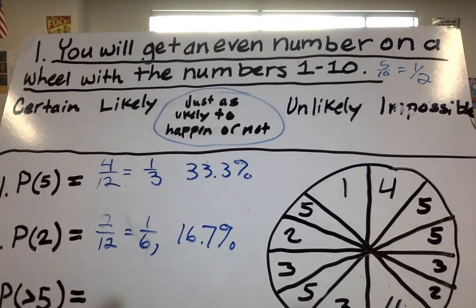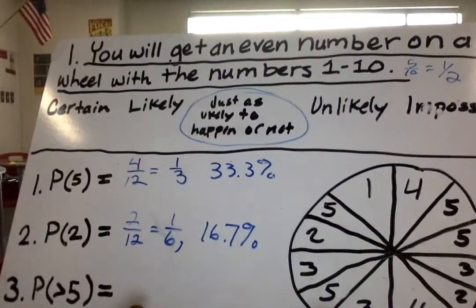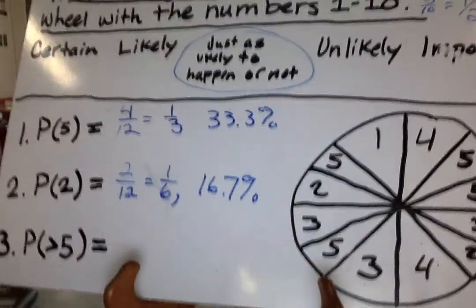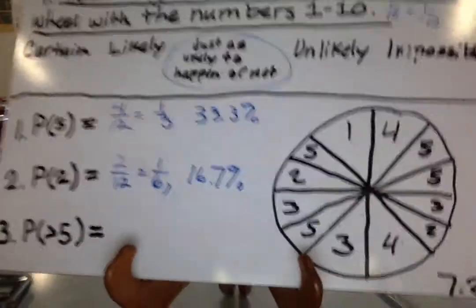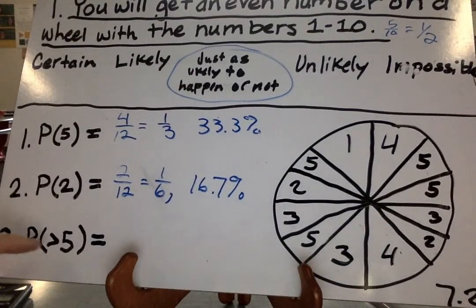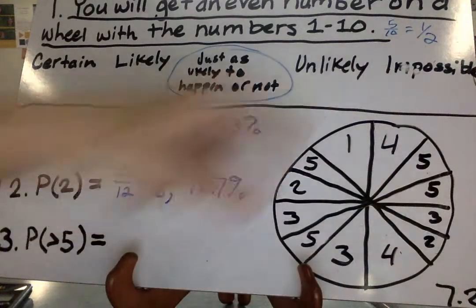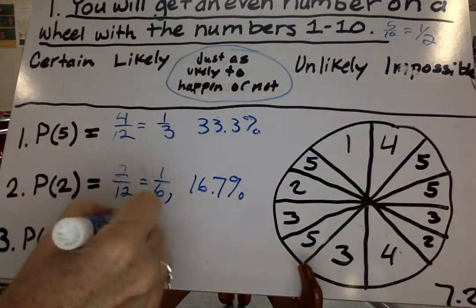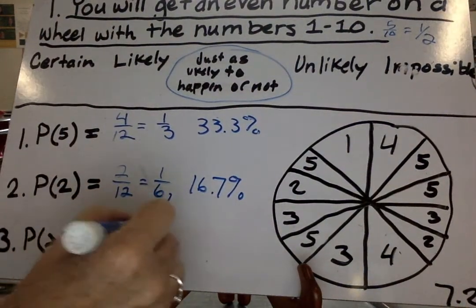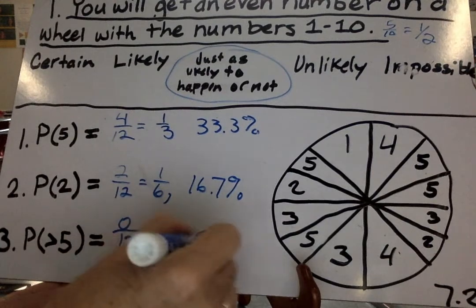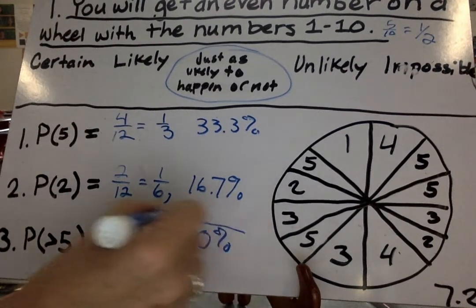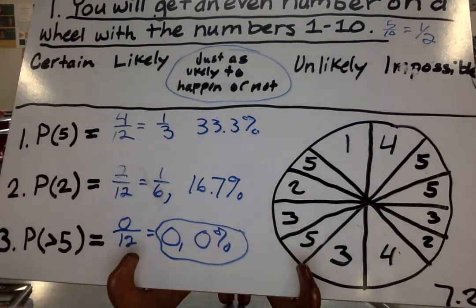Then we have the probability of greater than 5. How many are greater than 5? 0 out of 12. So there's your answer. All right, students, you can get the rest of this section.